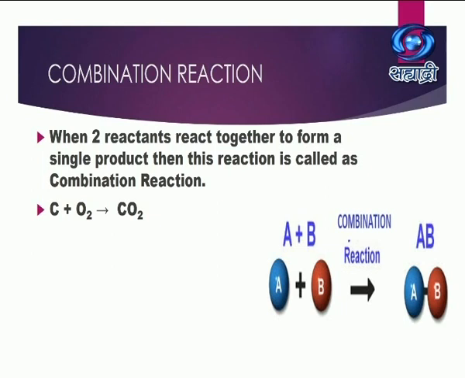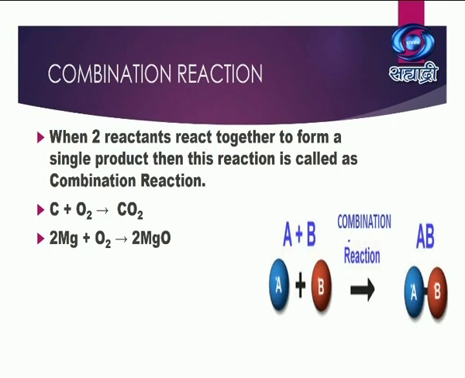For example, C plus O2, that is carbon plus oxygen, gives CO2, that is carbon dioxide. Also, the reaction 2Mg plus O2 gives 2MgO, that is magnesium oxide.